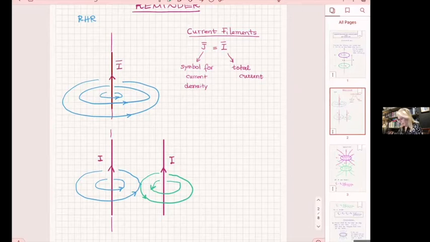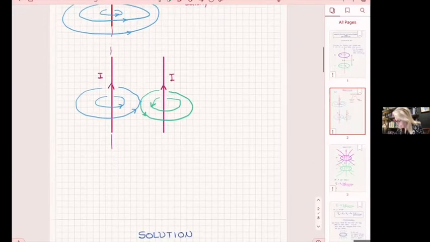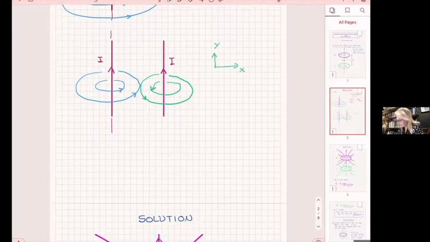So what happens here? If I were to show the two currents on their plane, I will look on the plane of the two currents. Let's assume that this is the XY plane. If I show the two currents on the XY plane, how are they going to look?